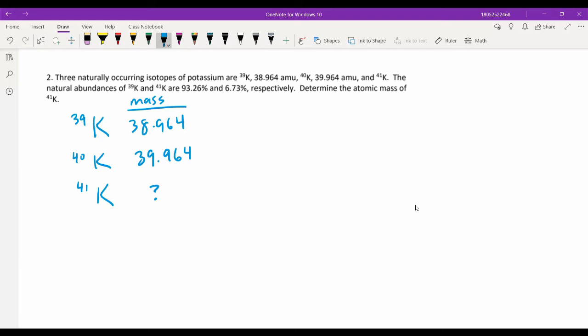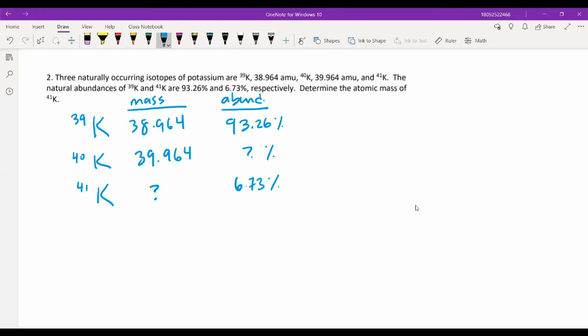Okay, so the abundance, let's say we'll just keep it in percentage form. We have 39, it's mostly potassium 39. And then we have potassium 41, 6.73%. So again, we're going to have an unknown percentage here. So we have the two unknowns. Same kind of formula that we want to use.